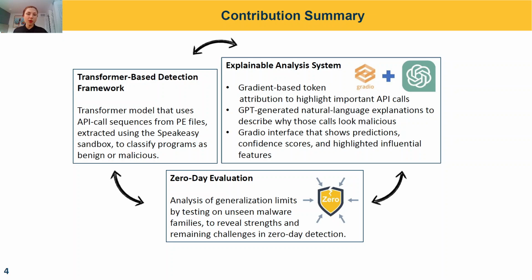A GPT-based explanation generator translates the tokens into short descriptions. A Gradio interface displays predictions, confidence scores, and highlighted features. Finally, we test generalization by removing entire malware families during training.